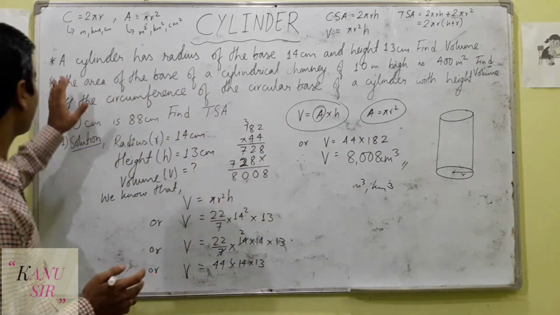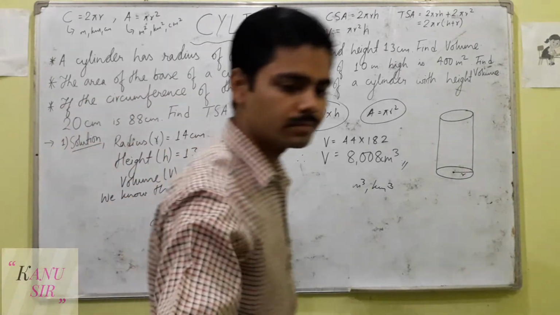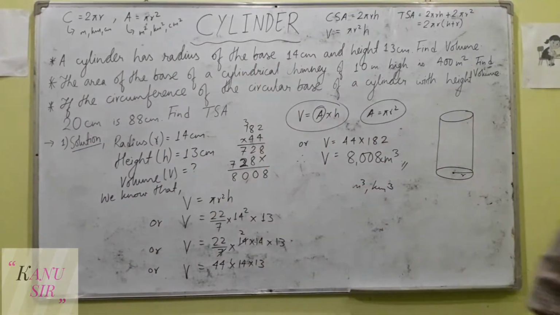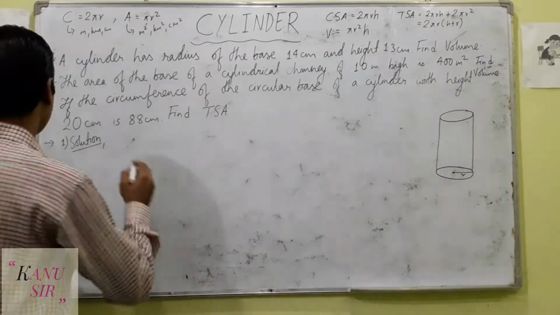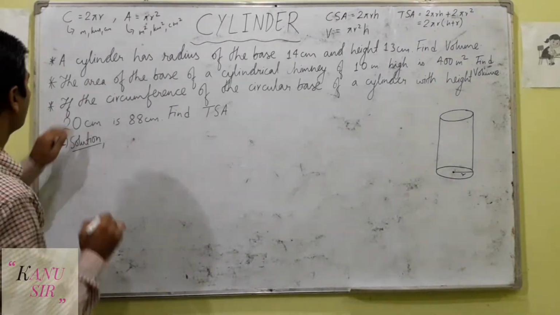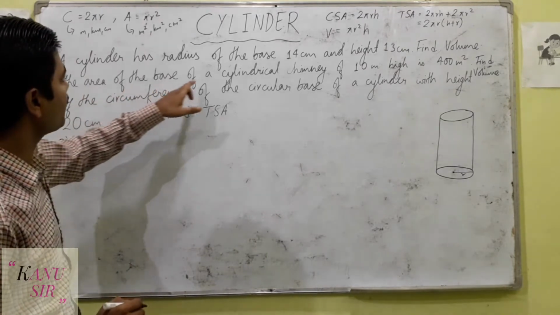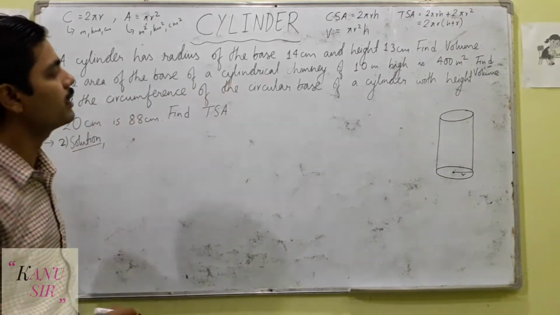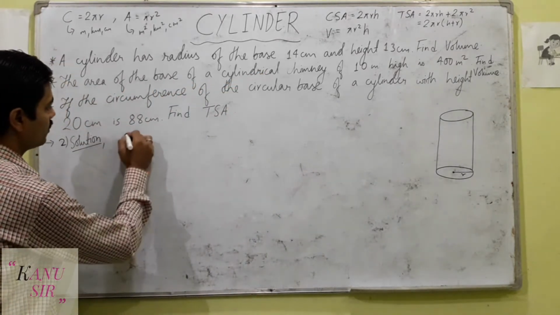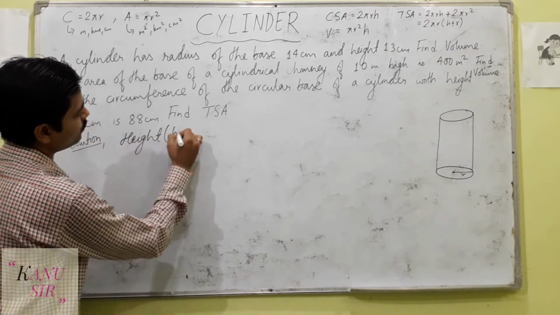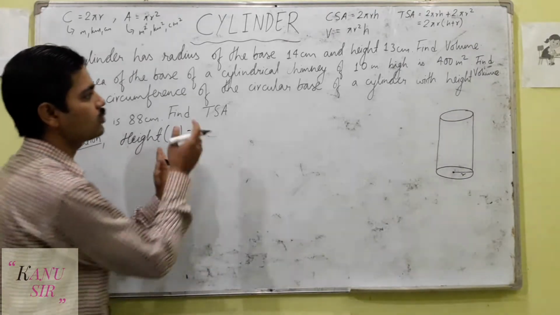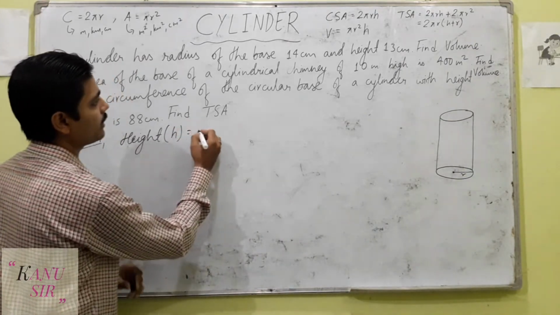Now let us go to the second question. Question number 2. If the area of the base of a cylindrical chimney of 10 meter height, so right here, height. Whatever is given in the question, we must immediately note it down in the given part of the solution.